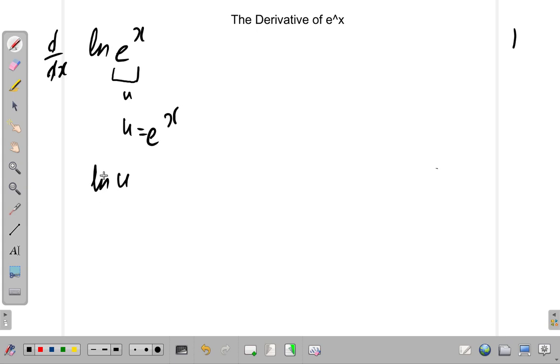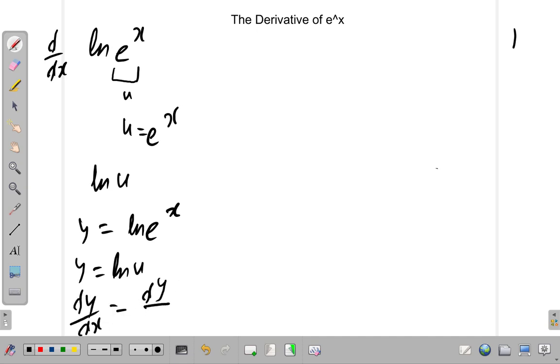So if we say y is equal to ln e to the x, we can rewrite it and say y is equal to ln u. Then dy by dx is the same thing as dy by du times du by dx.